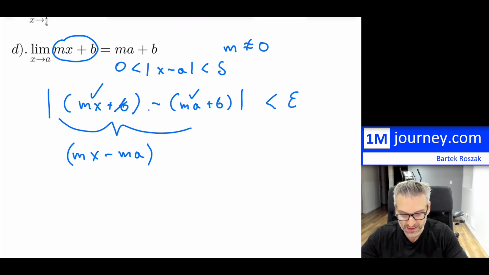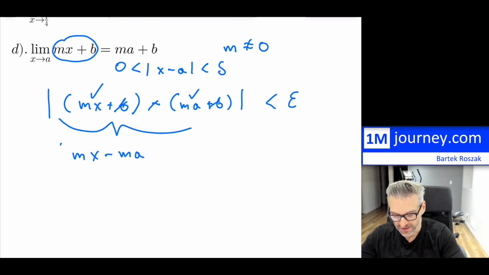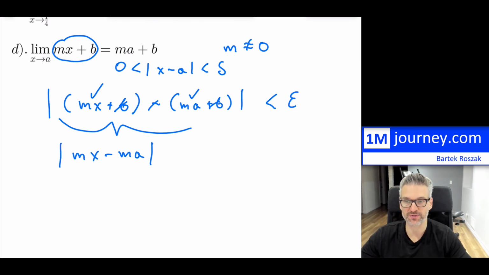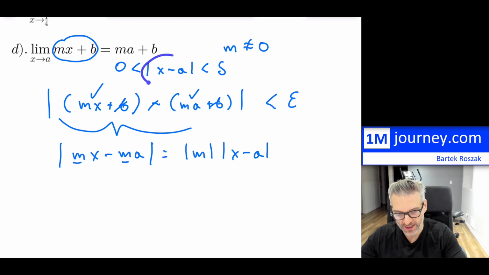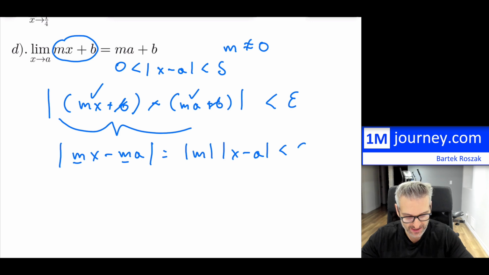And now notice that the b minus the b is gone. Once this is gone, this whole thing just simplifies to this. But hold on a moment. This is just equal to, notice I can factor out the m, and I'm going to get x minus a. And that's exactly what I wanted, right? I wanted this relationship. And this is supposed to be less than epsilon.